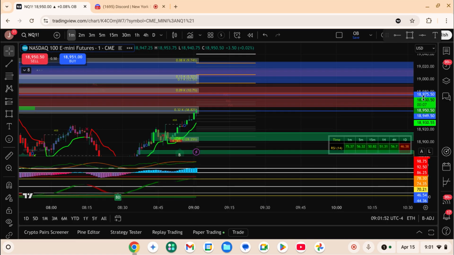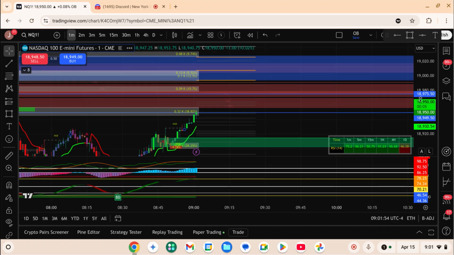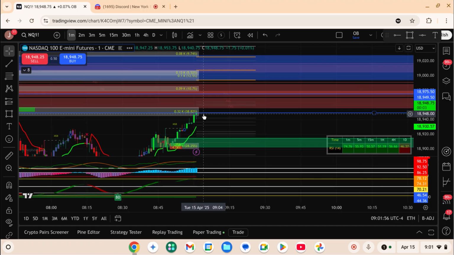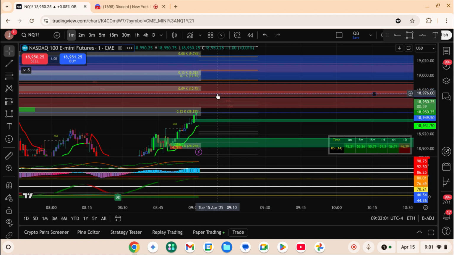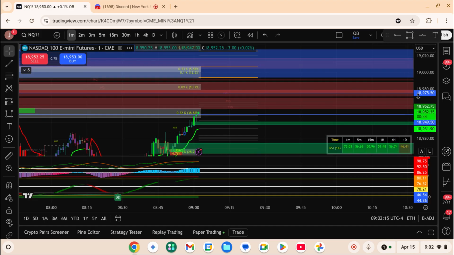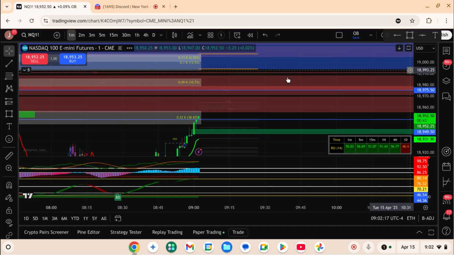Okay, so if the 1 minute concludes within this box here, from this blue line to this blue line, we could take a long, and we'll just put our stop below it. That way we know if it comes back down below this blue line, this trade isn't valid. So we'll wait for a candle to close within this box here.